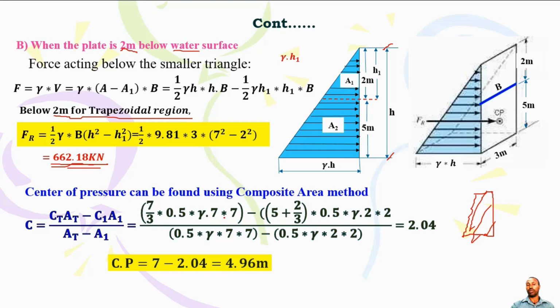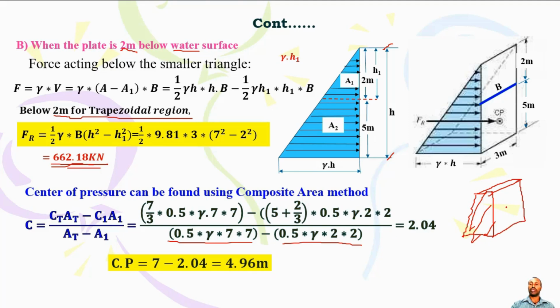You can multiply half times gamma, 7 times 7, which is the bigger triangle, then minus this one again. Then A total, and similarly you have these areas, A1 the smaller area, then you will get the pressure prism. It looks like a trapezoidal structure like this. This is the pressure prism.